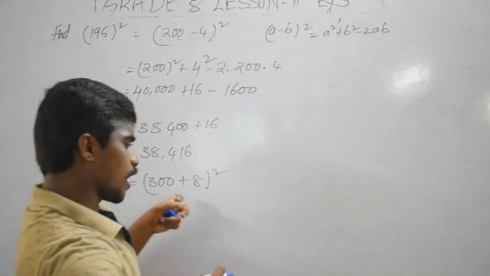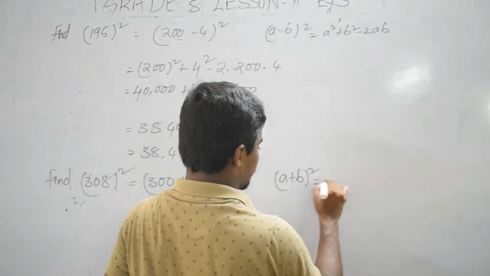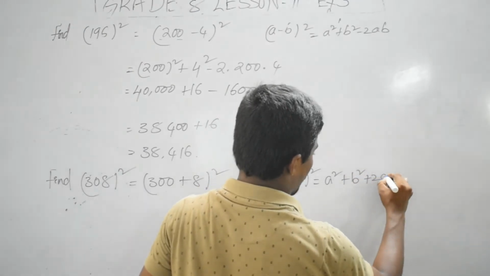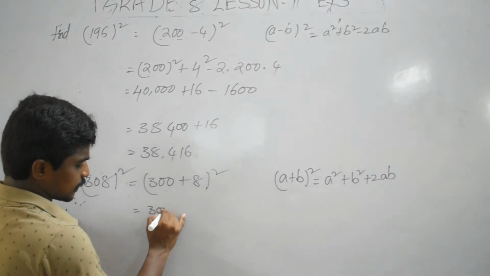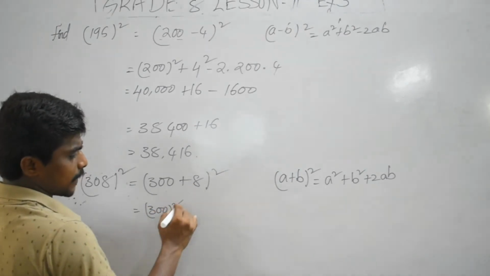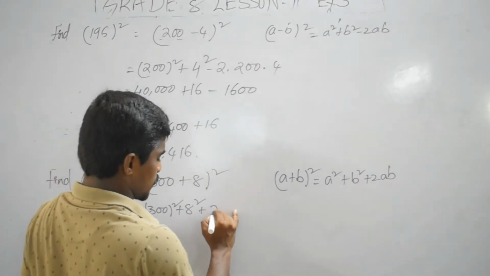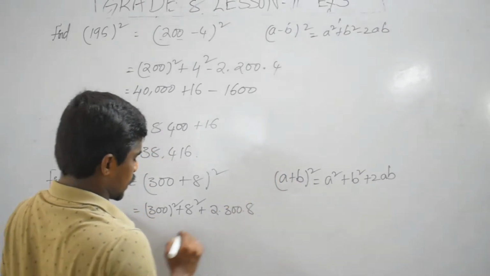So now this is the (a plus b) whole square identity: a square plus b square plus 2ab. So now a square is 300 square, plus b square is 8 square, plus 2ab, 2 cross 300 cross 8.